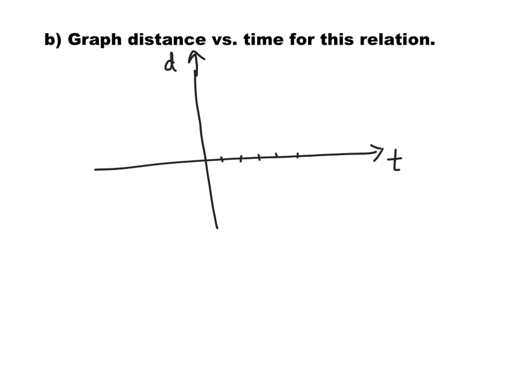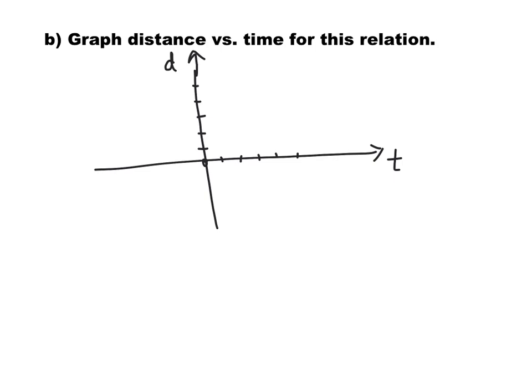And the distance goes from 0, 60, 120, and so forth. So let's assume this is 60 here, 120, 180, 240, and 300. When time is 0, the distance was 0. So this is here.